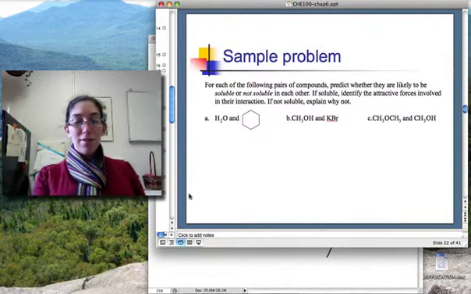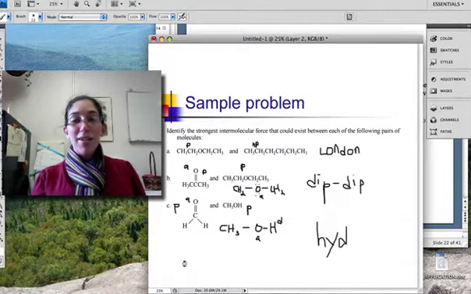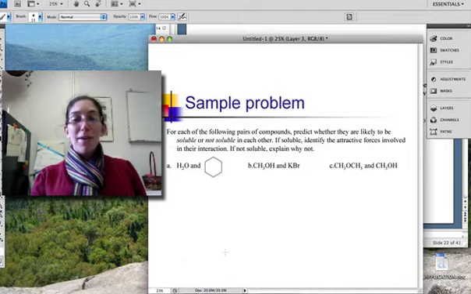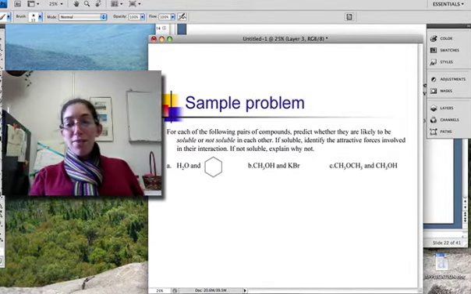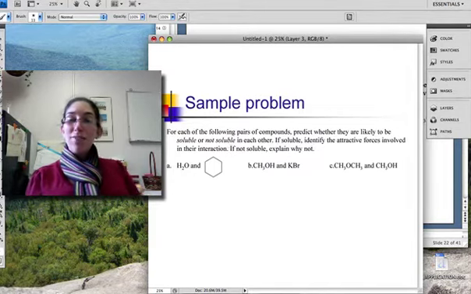In other words, do they fit the golden rule of solubility, like dissolves like? And when we say like dissolves like, do they have the same intermolecular forces? So let's look. It says, if soluble, identify the attractive forces involved in the interaction. If not soluble, explain why.